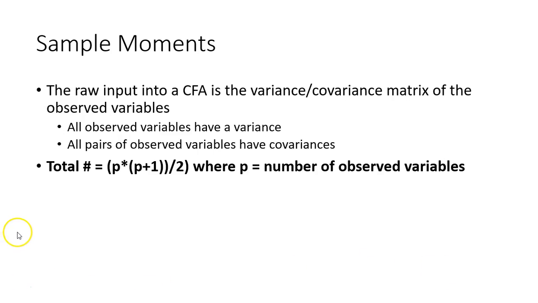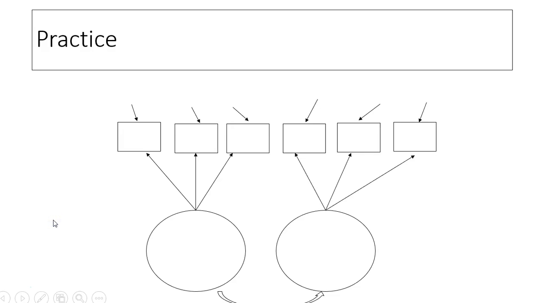I know that seems a little complicated. We're going to practice it. So let's practice on this hypothesized model. I just drew it by hand, and it doesn't correspond to anything real, but it seems reasonable. Here's a model with 6 items, indicators. Those are the boxes.